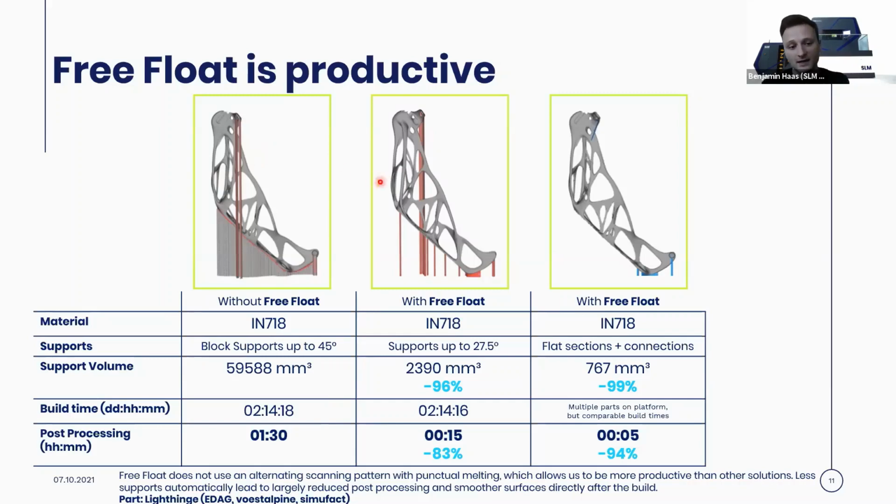Then in the next step, we used the same part, but cut the angle that we used to identify those supports in half, which led to a support reduction of 96% and post-processing reduction of 83%. I also mentioned that the build time is somewhat comparable. In fact, FreeFloat is a little faster here, by 2 minutes.